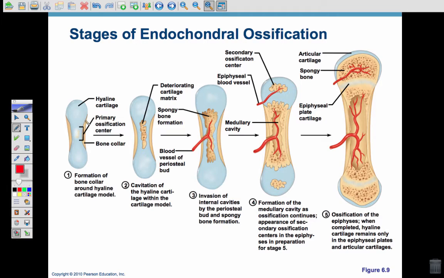In this particular case, you begin with hyaline cartilage, of all things. The cartilage essentially sets down a model for how the bone will develop.